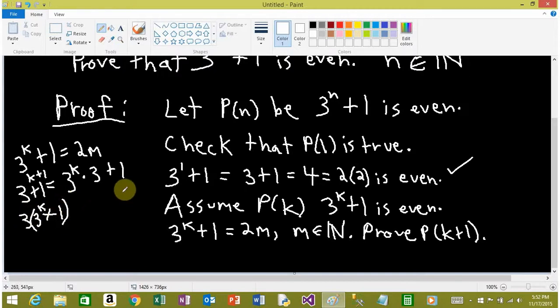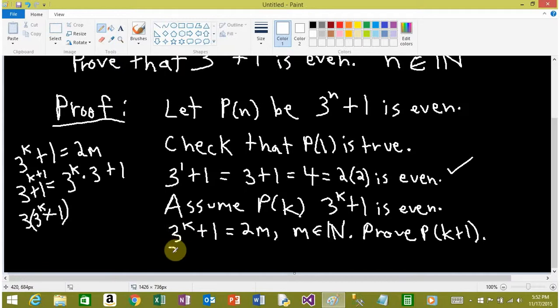So that means if we're going to add a 3, we need to subtract the 3 to make this statement unchanged. So if we do that, let's see what happens.